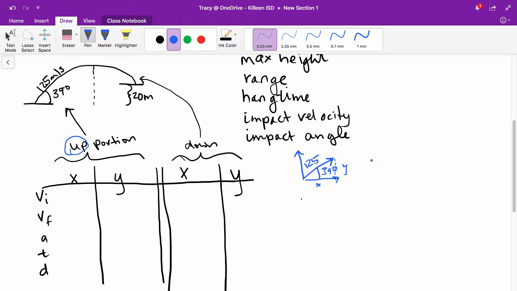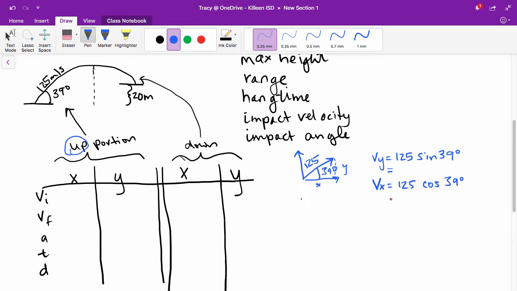So by now you should know that you could find Vy, which is opposite, by doing the hypotenuse, 125 times sine of theta, which is 39 degrees. And we can find Vx with the same thing, but it's the adjacent, so 125 cosine 39 degrees.